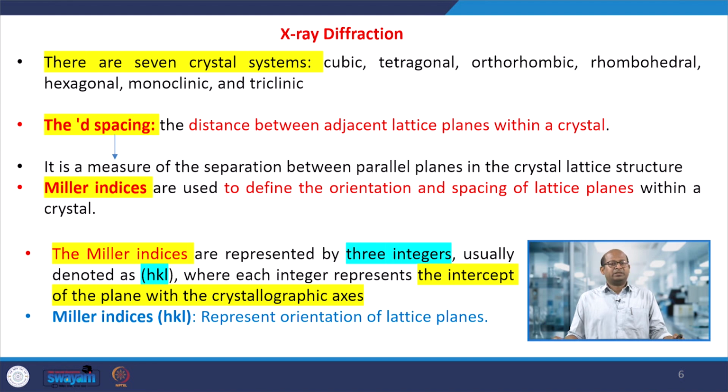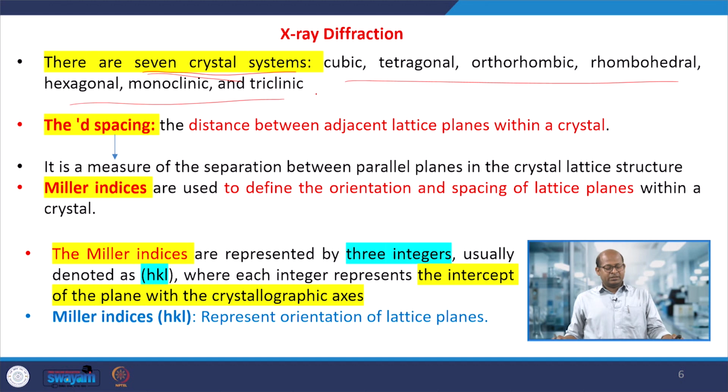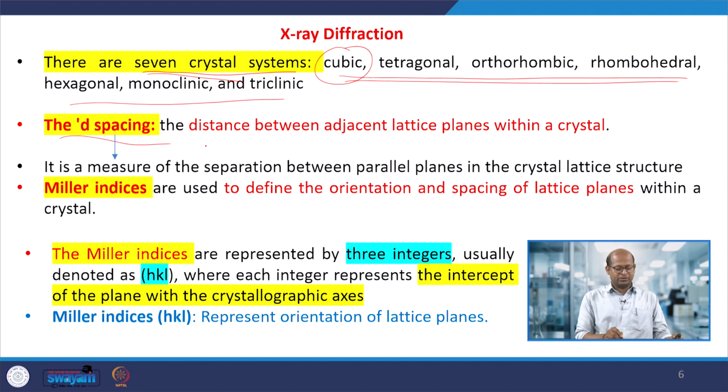In X-ray diffraction, there are 7 different crystal systems when the material is crystalline. These are the different systems, which is the theoretical study. Once we get a particular diffraction pattern, we can analyze the data and say that a specific type of arrangement is present. The d-spacing is also important when we study X-ray diffraction patterns.